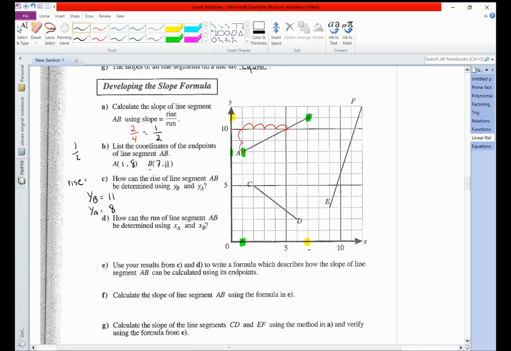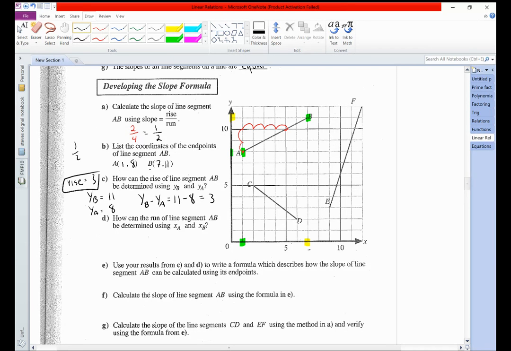So can we figure out how to calculate the rise? Well, we can go yB minus yA. And what we'll get is 11 minus 8. And that gives us a rise of 3. So a rise of 3.